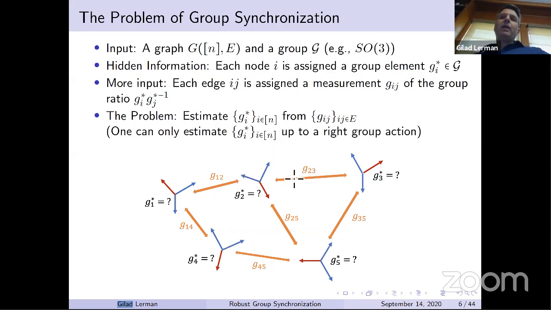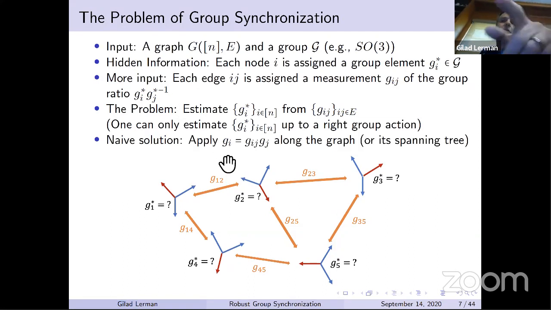So it's not unique, but if you take out this ambiguity, you can still ask, is it unique? If the graph is connected, you indeed have a unique solution. And recall, I assume now we have a clean setting where the measurements are precise. It's not hard actually to find this unique solution. Note that if I multiply this group ratio, gi star gj star inverse, by gj star, I get gi star.